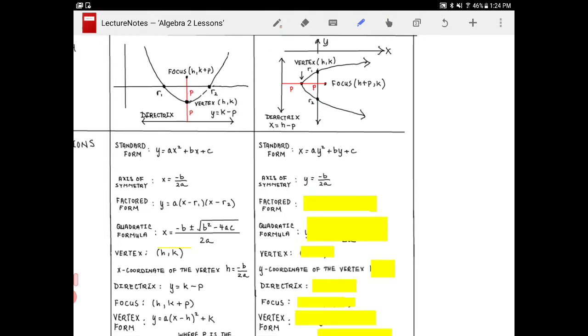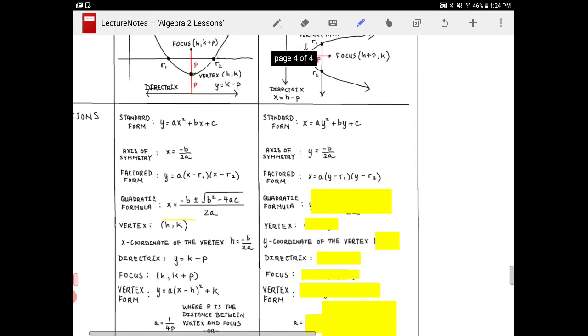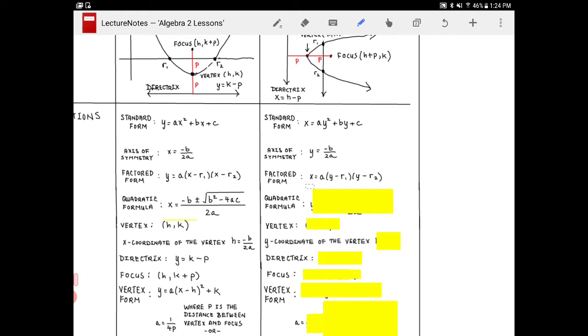The axis of symmetry this time is going to be a horizontal line, which is negative b over 2a. When we rewrite the equation in factored form, the roots this time are not going to be on the x-axis, but rather on the y-axis. The quadratic formula is the same equation, okay?